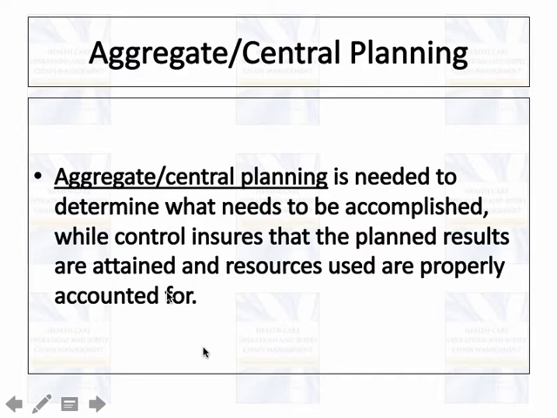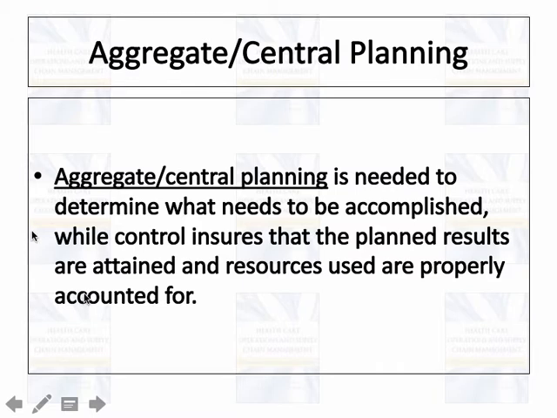Your resources are your time, and your accomplishments are, for example, your grade here, how much money you make, and how much happiness you have, as well as the planned results attained in different aspects of your life. So this is called aggregate planning.